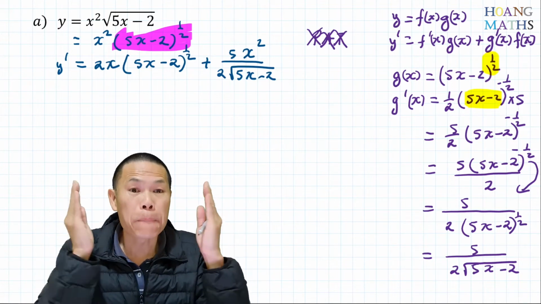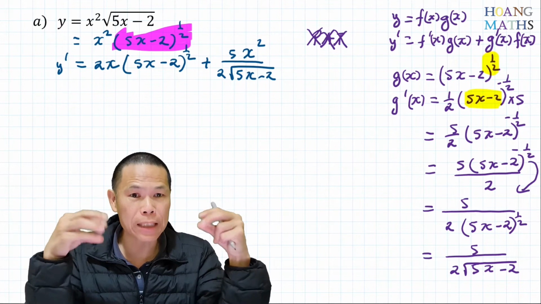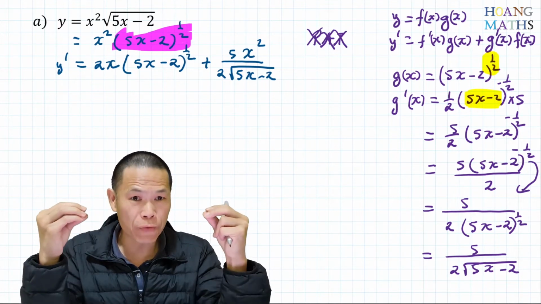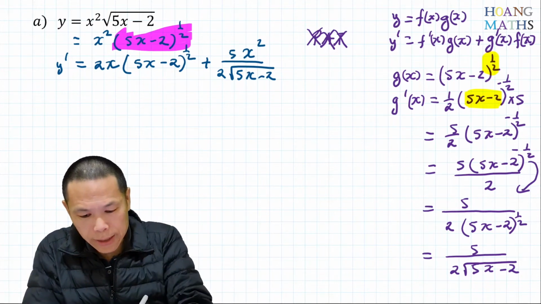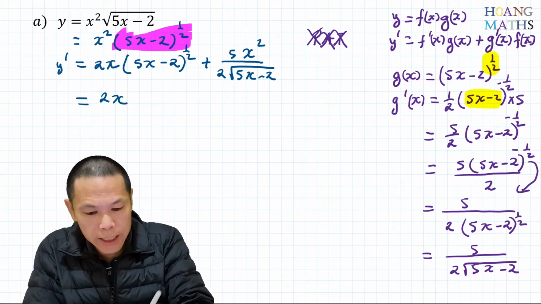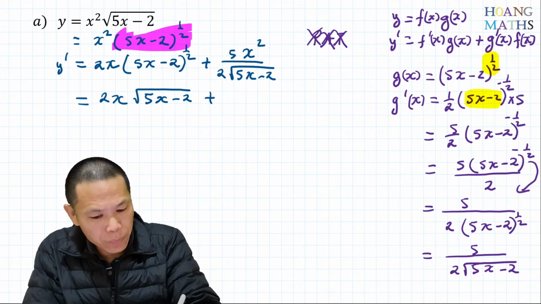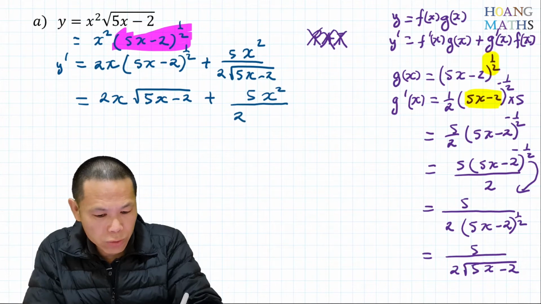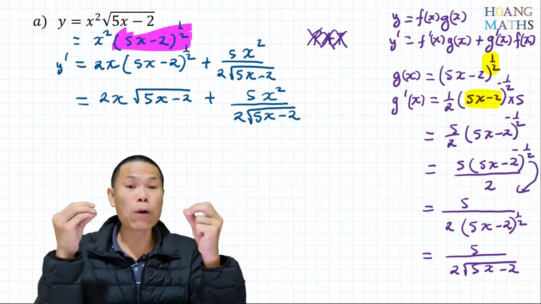There you go. But then we need to tidy up, in other words, we need to simplify, make it simpler. To simplify this, first of all, let me rewrite this: this is exactly the same as 2x square root of 5x minus 2, and we add 5x squared over 2 square root of 5x minus 2. Now we're just adding fractions.